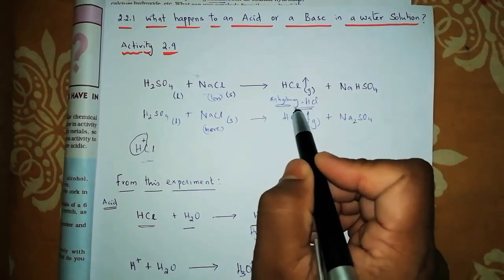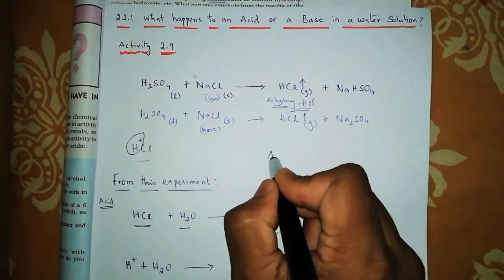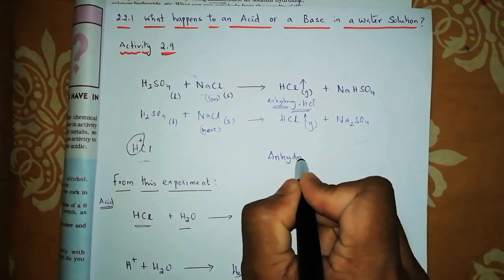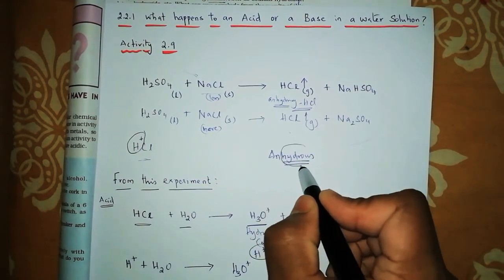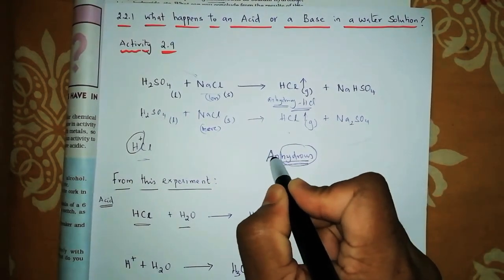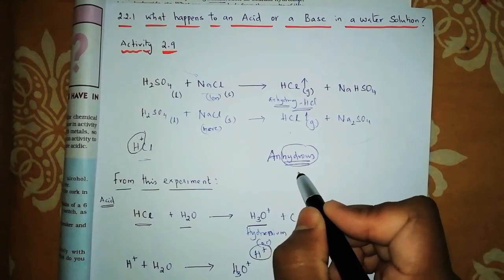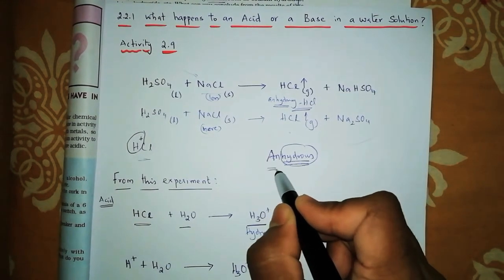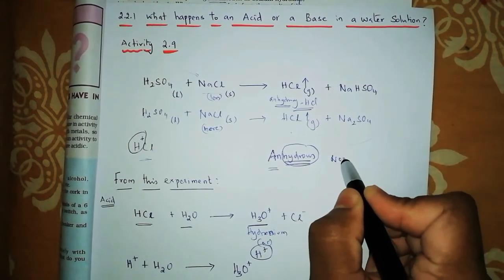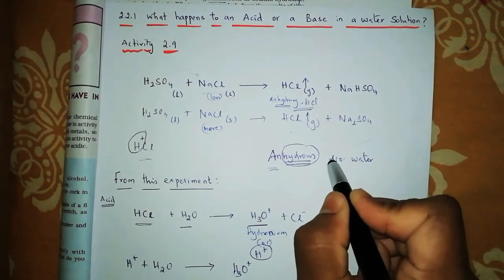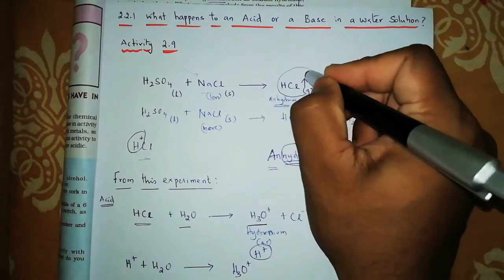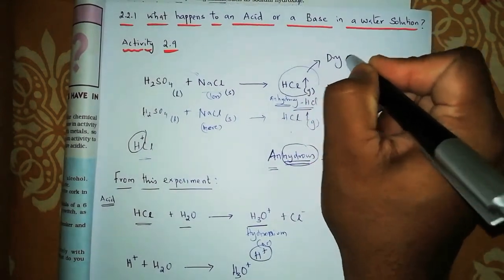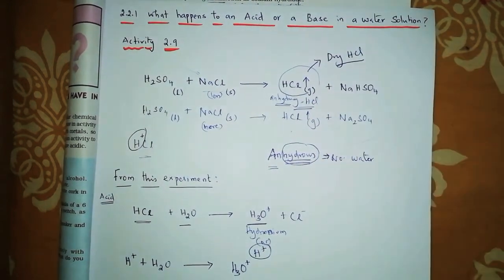What is anhydrous? Hydrous means they consist of water molecules, hydrated water is present. Anhydrous means there is no water. So, the gas which is coming out here is a dry HCl gas.